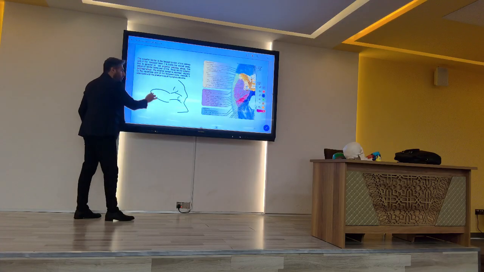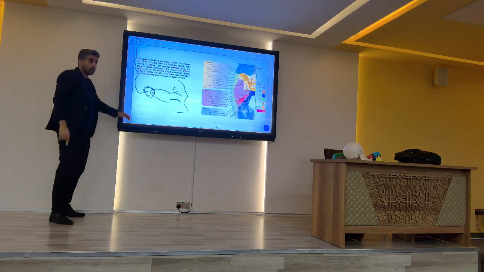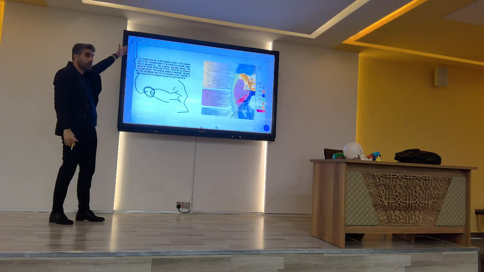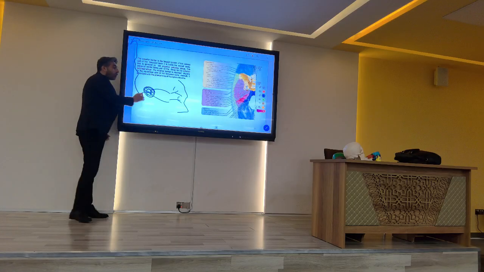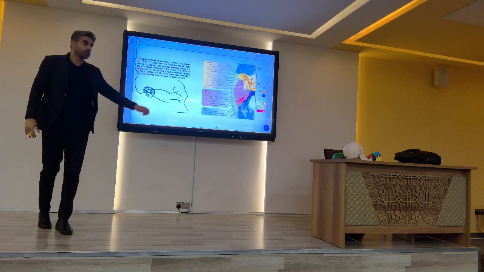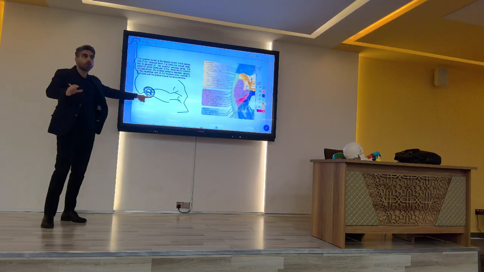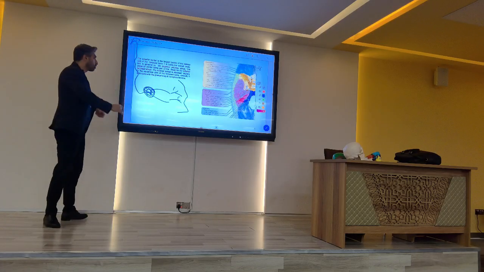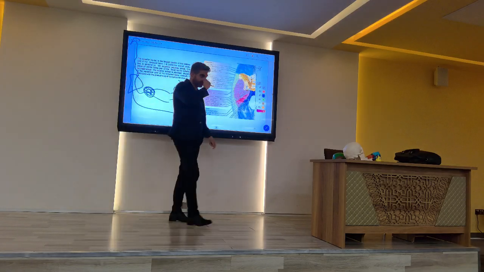The body is outside here. Axons come to the CNS. Axons go to the brain, spinal cord. So the bodies of sensory neurons are outside of the CNS. So sensory neurons have ganglion. But motor neurons, no. The body is in the CNS. Just axons go out from the CNS.